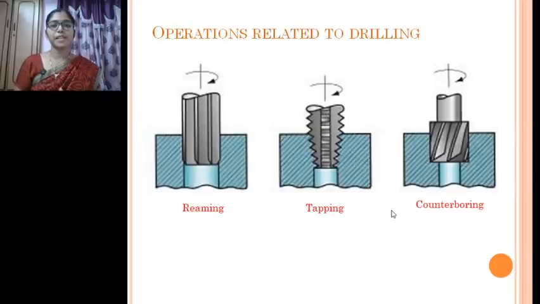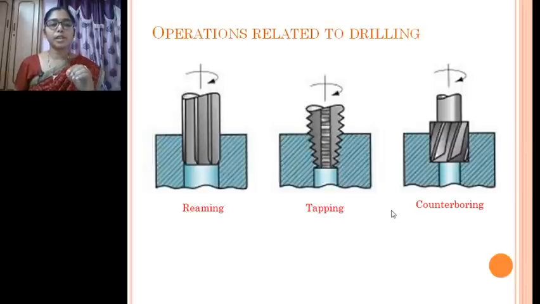In drilling, these are the secondary operations where the hole size can be increased. By using a drill bit, you get a standard size of hole, but by other secondary operations, or other different types of drilling operations, you can enlarge the holes. Reaming is mostly meant for finishing the holes which are already drilled.